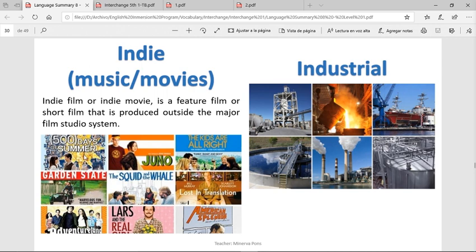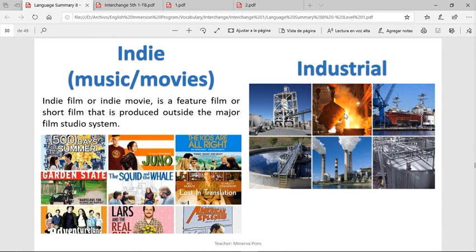Indie movies are movies that are not produced by Hollywood. They're not made by Paramount or MGM or, I don't know, all of the different major film studios. It's like people with a small team trying to make and shoot a good movie out of the little resources that they have.